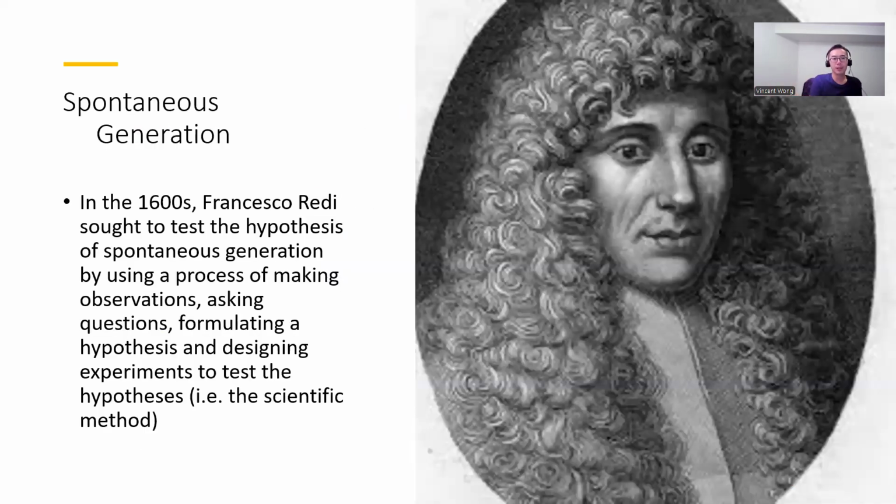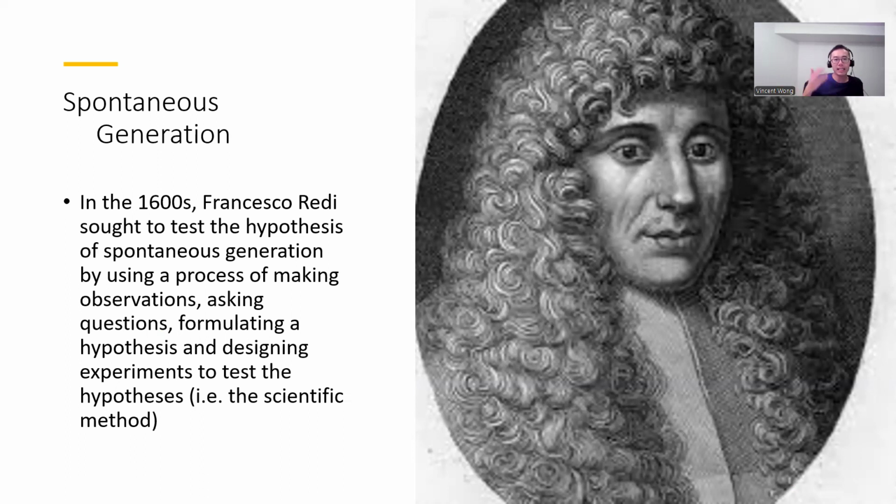So there was this guy, Francesco Redi. We're going back in time, okay? The first time someone tried to test this hypothesis was in the 1600s. Francesco Redi wanted to test the theory of spontaneous generation to see whether it's true or not.